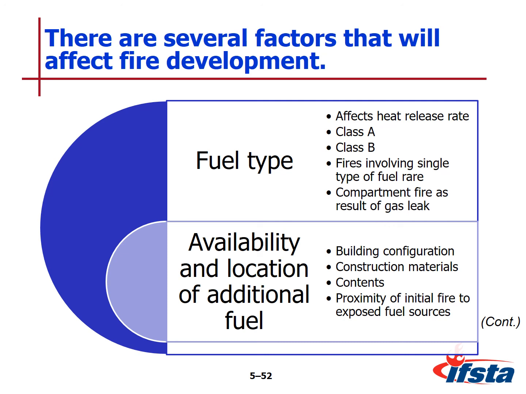Class B fires are liquids, carbon-based, okay? Gasolines, oil, stuff like that. Class C fires are electrically charged fires. Okay? That's the key. When you talk about a Class C fire, the key part of it is electrically charged.